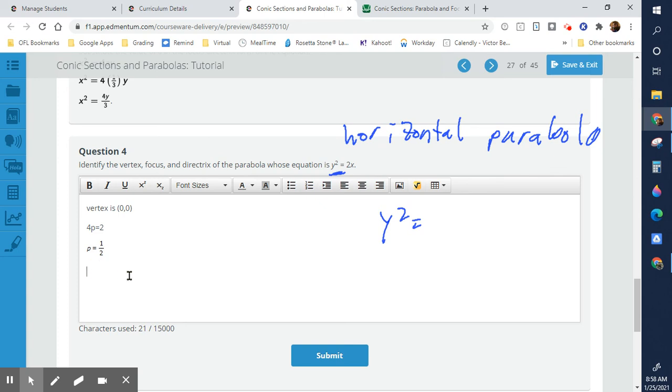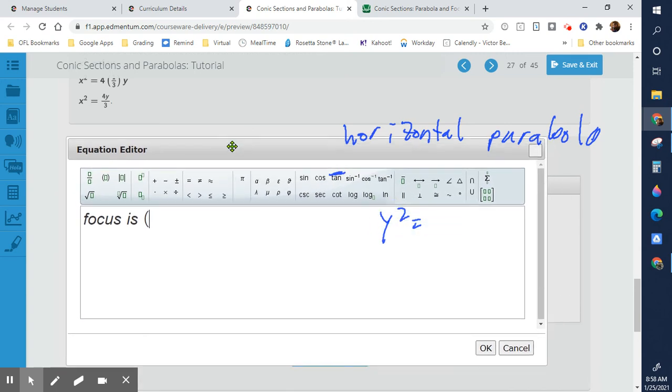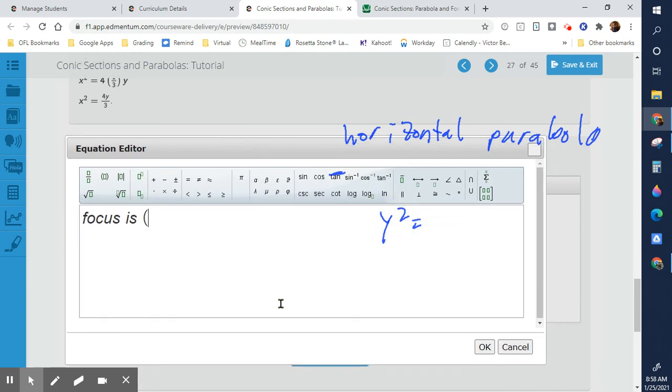So the focus is always we add the p. Because we're dealing with fractions, unfortunately we have to use the equation editor. Focus is, we're going to add, because it is a horizontal parabola, we're adding it to the y value instead of the x value. Oh wait, no, we're adding it to the x value instead of the y value.